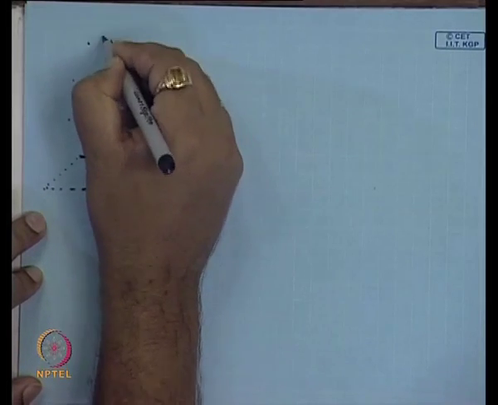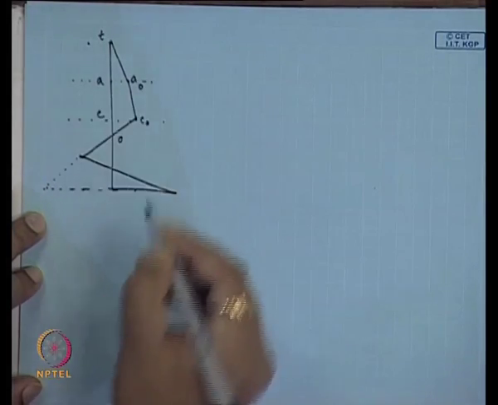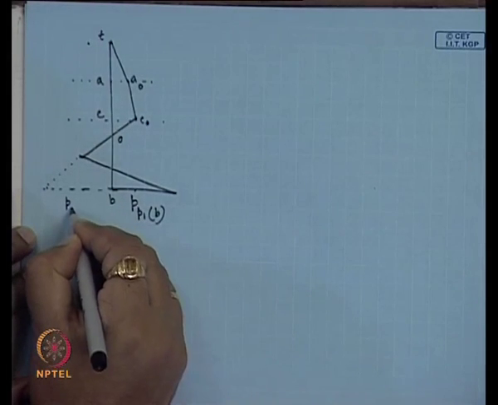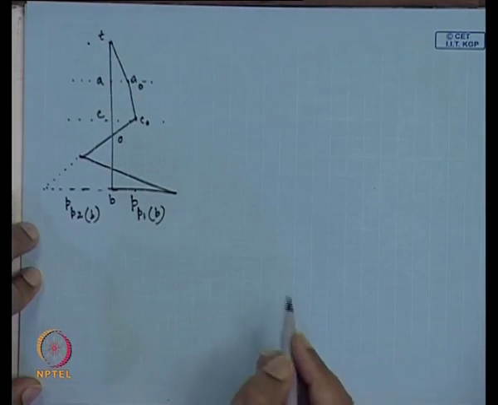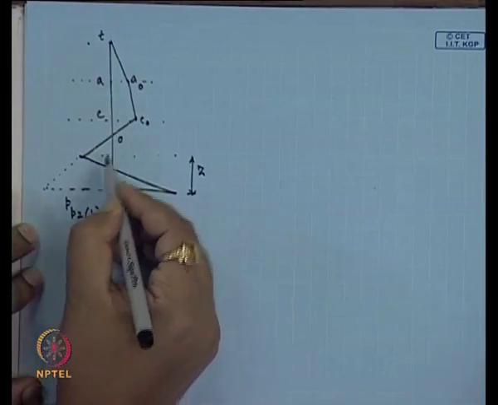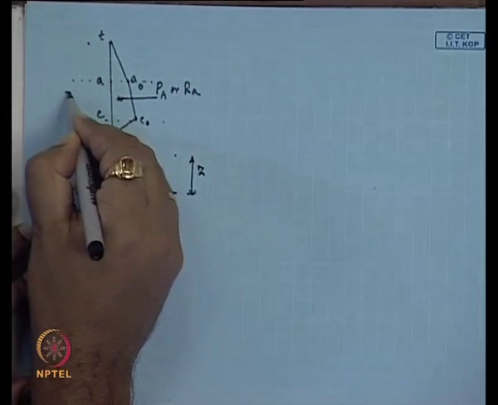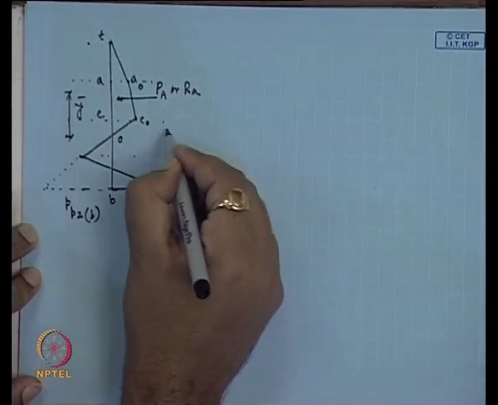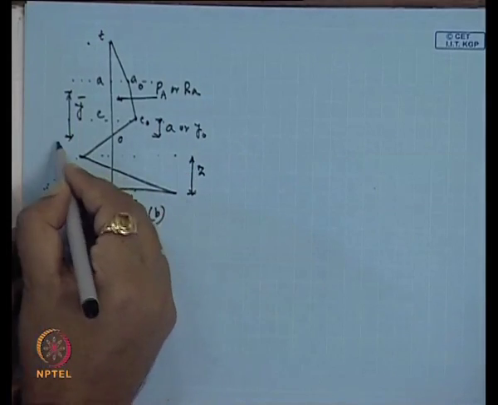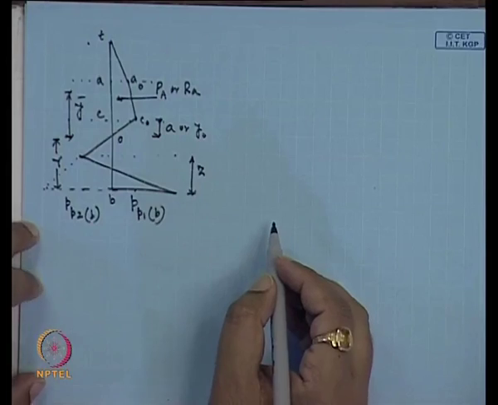So, this is T point, the top, this is A point, this is O point, this is C point, this is C 0, this is A 0, and this is P 1 B, because this is B point, and this is P 2 B. And this is the point where this distance is Z. Now, these are the total force acting, P A or R A, at a distance of small y bar from the O point, and O point is at a distance of A or small y 0 from the dredge level, and this distance is capital Y from the base of the sheet pile.